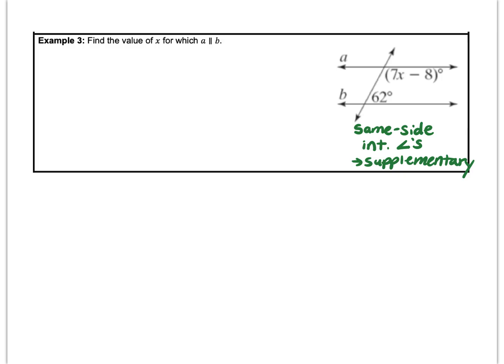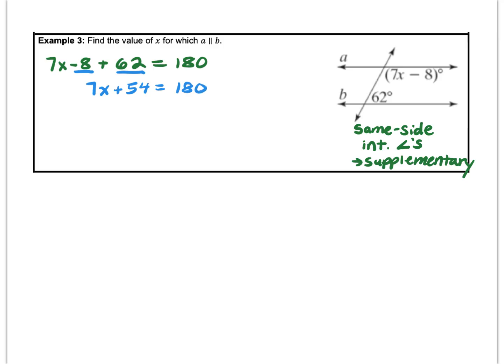We can make an equation for supplementary by adding the two angles together. That's 7x minus 8 plus 62 equals 180. And now let's do the algebra. Let's combine our like terms. Negative 8 plus 62 is 54. So 7x plus 54 equals 180.